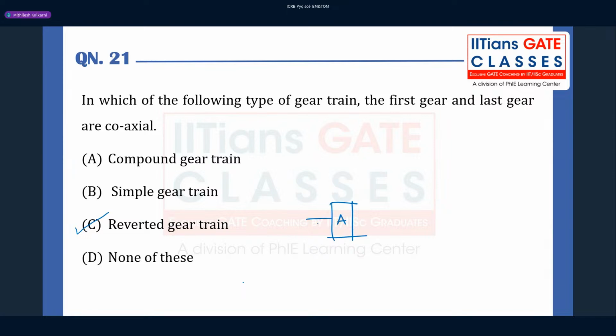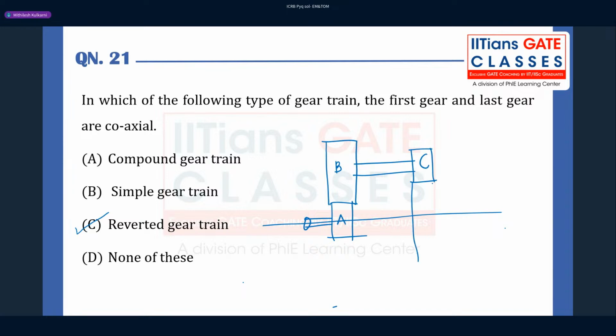Let's say we have an input shaft attached to gear A. Another gear B is mounted on a shaft to which gear C is also connected, and then we have a gear D, which is coaxial with gear A. So the first gear mounted on the input shaft is A, and the last gear is D. They are coaxial, and this gear train is a reverted gear train.